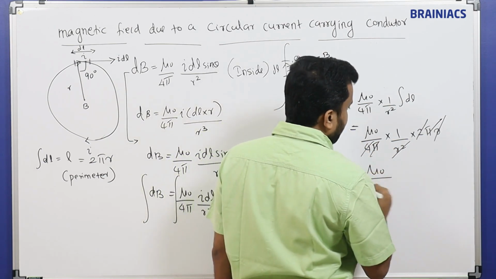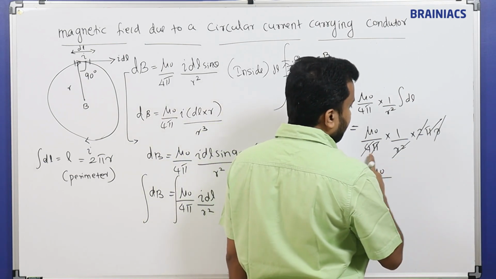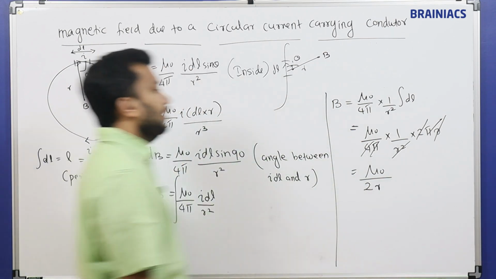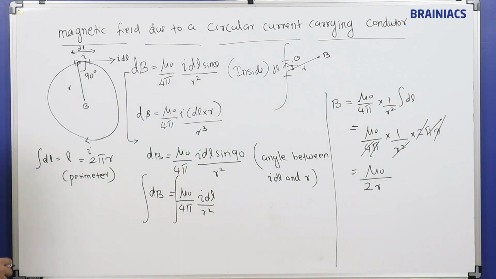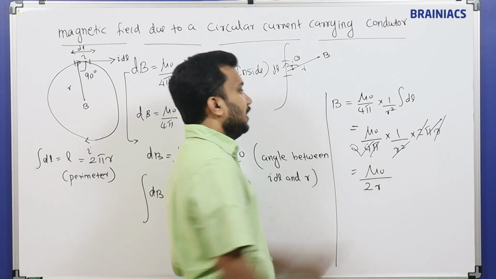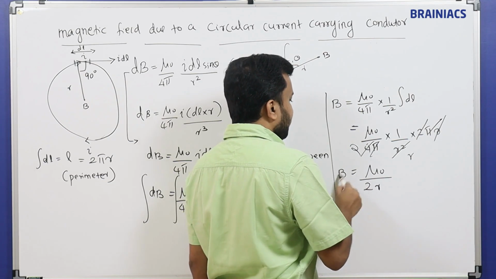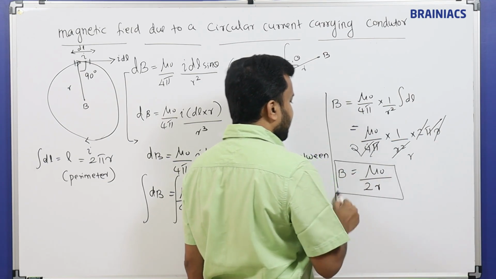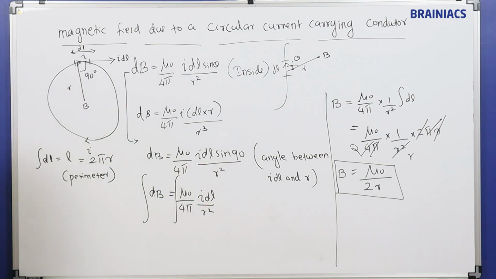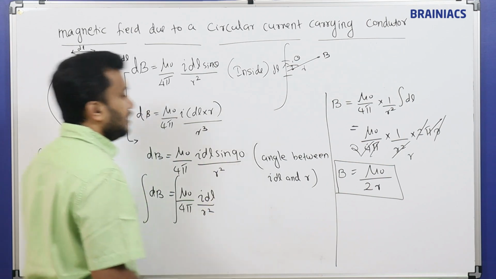Mu 0 divided by pi cancels, 2 and 4 cancel, balance is 2, and here one r is left. So the magnetic field due to a circular current carrying conductor is mu 0 divided by 2r. R is the radius of the circular current carrying conductor.